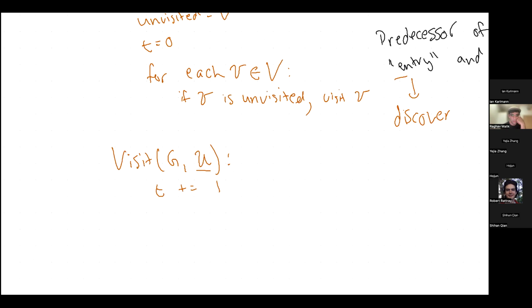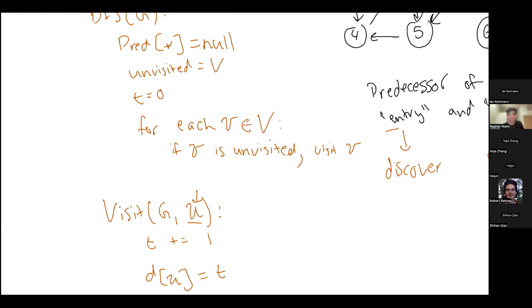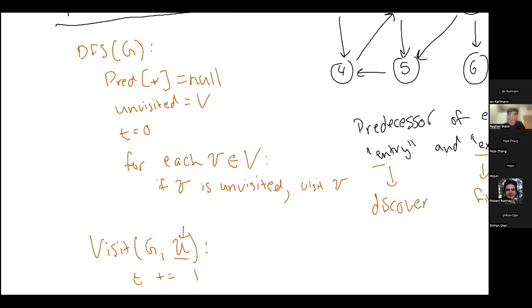So the discovery time of U, the vertex that I'm visiting, equals t. Instead of being unvisited, I want to be a bit more suggestive about how this works, right? I can say set every vertex to unvisited.